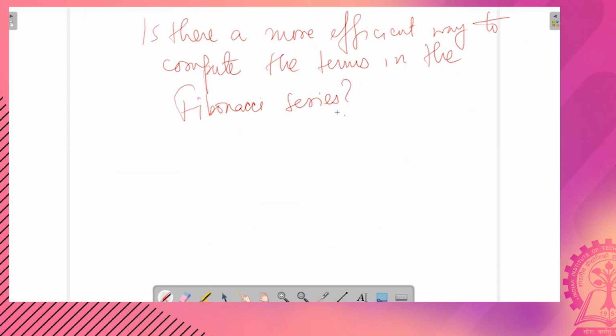And it turns out that there is indeed a way. And I guess many of you have already correctly identified the way. So what we have to do is, rather than recomputing the same thing multiple times, why don't we save the computations?